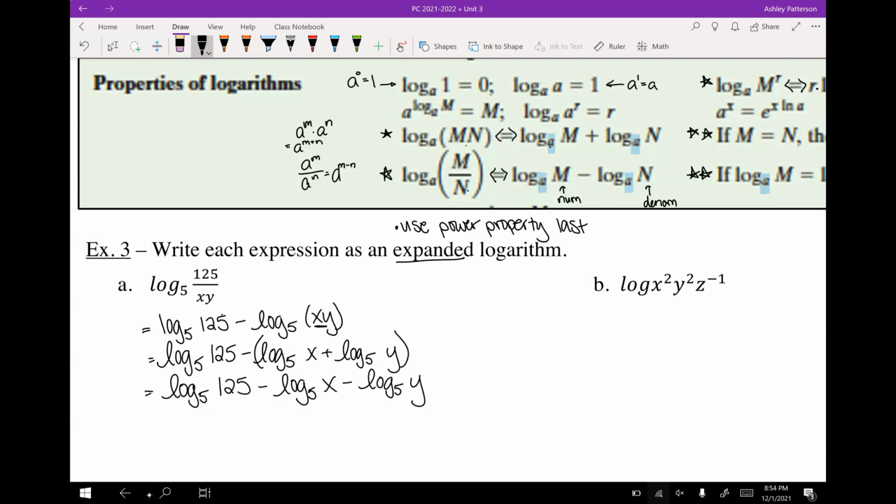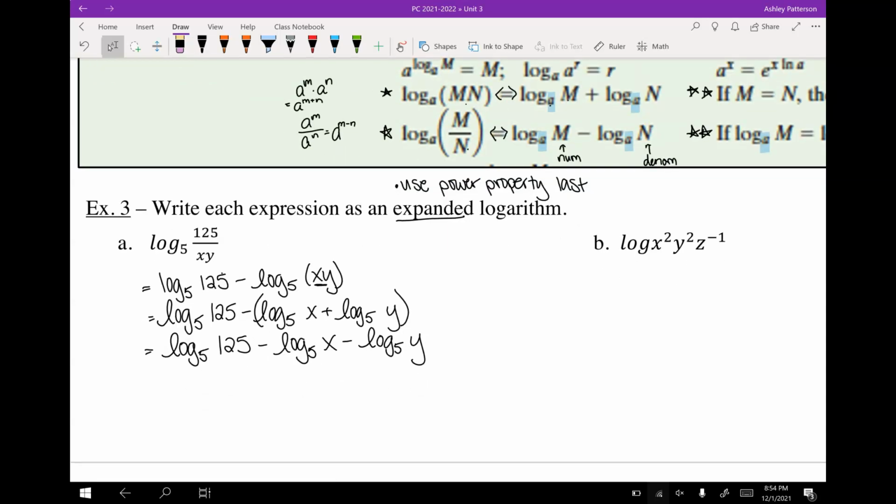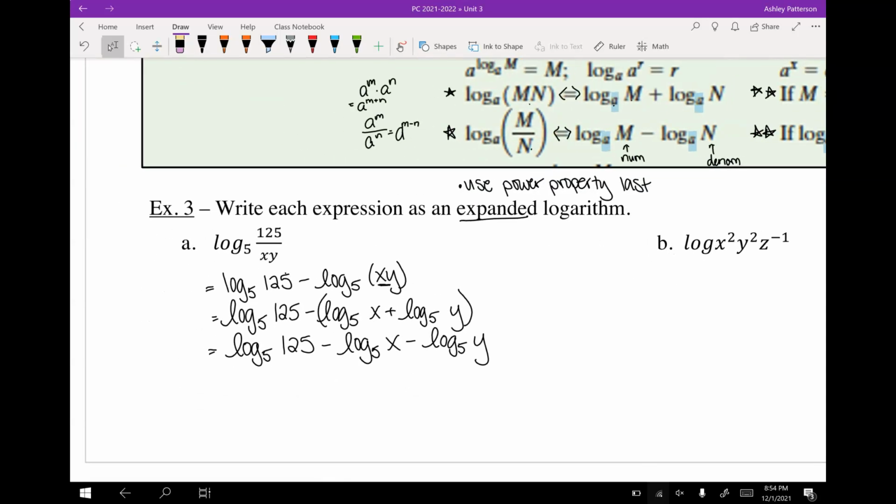You always need to check for exponents. Do we need to use the power property? Here we don't. And then the last thing, definitely write this down if you need to, is you need to see if you can evaluate any logarithms. I see one. I see the log base 5 of 125. To evaluate, I need to figure out 5 to what number is 125?